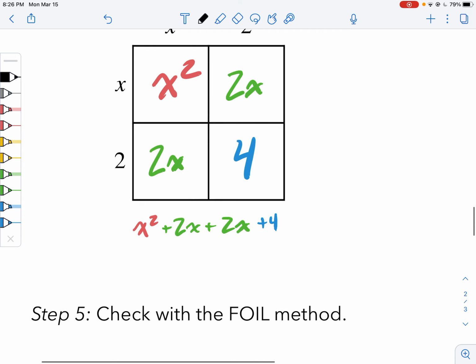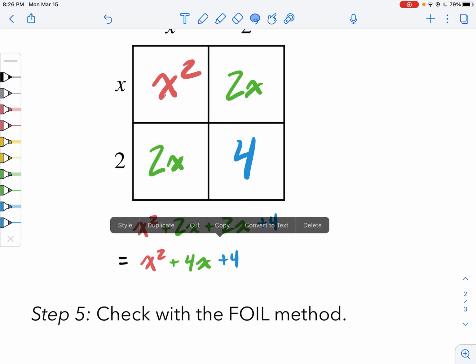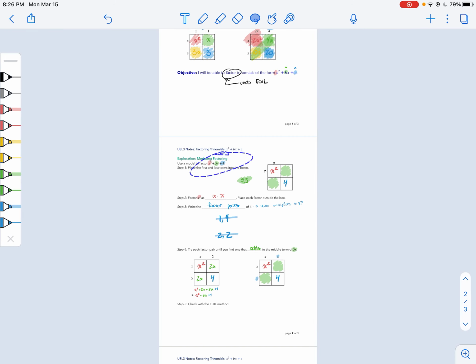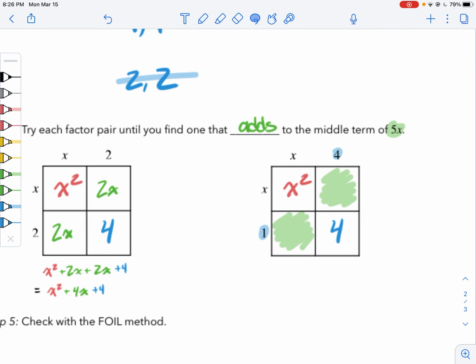And that will simplify. We can add those two middle terms together. 2x plus 2x is just a 4x, because 2 plus 2 is 4. But that's not what we want. We want it to equal 5x.